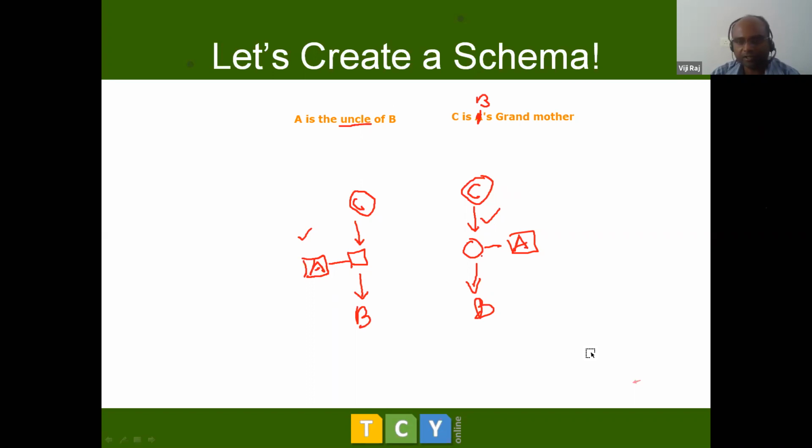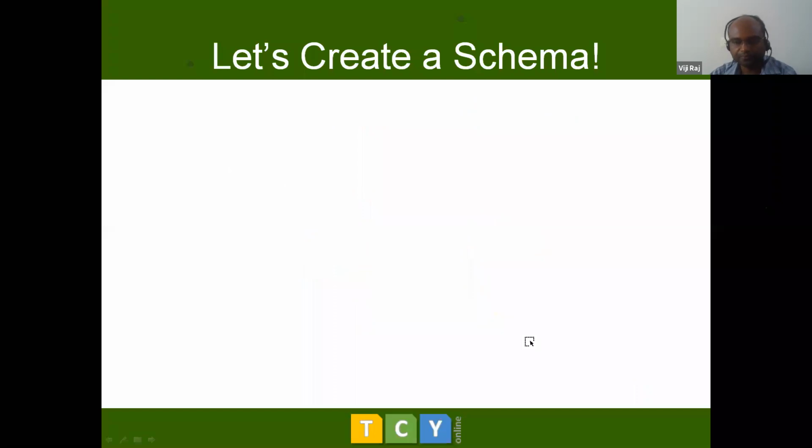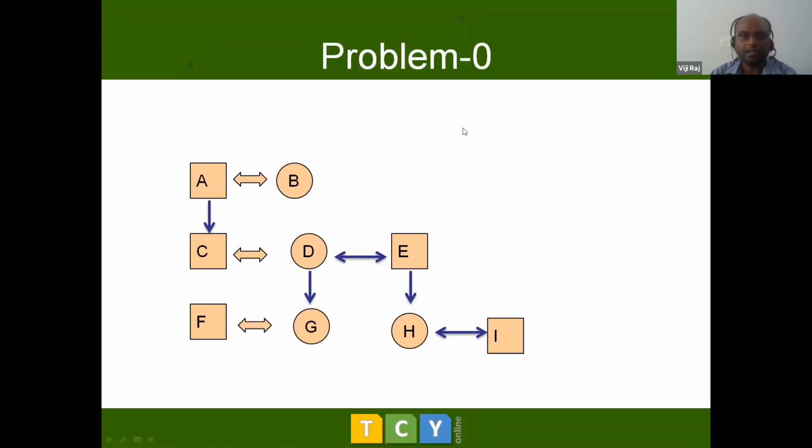All right. So let us move on to the next, what I call problem 0. So this is my problem 0. I have used some arrows to show the relationship, right?